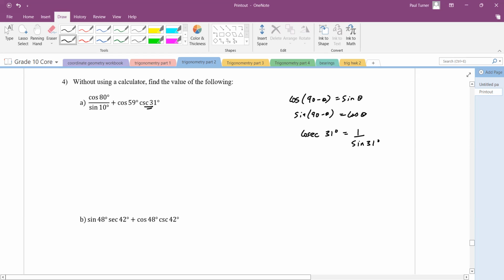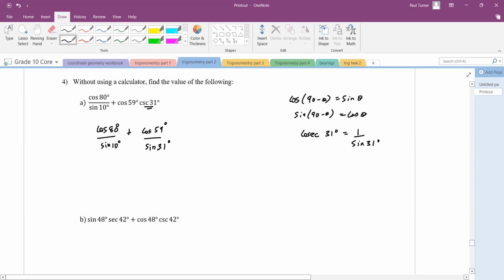We've got cos 80 on sine 10 plus cos 59 on sine 31. So this would just drop down because it's a reciprocal. So sine 31, like that.